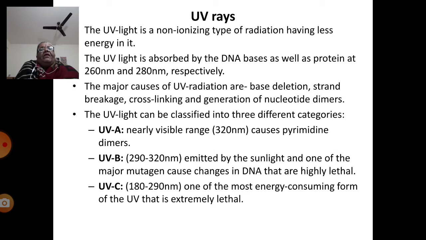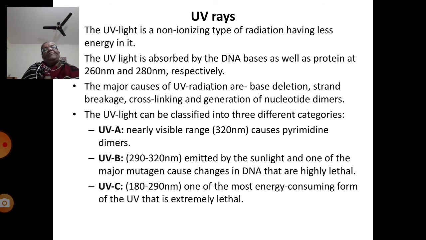UVA, ultraviolet radiation A, nearly visible range, 320 nm. This causes the formation of pyrimidine dimers. By now you know nitrogenous base pairs are of 2 types, purines and pyrimidines. And this UVA category causes pyrimidine dimers.